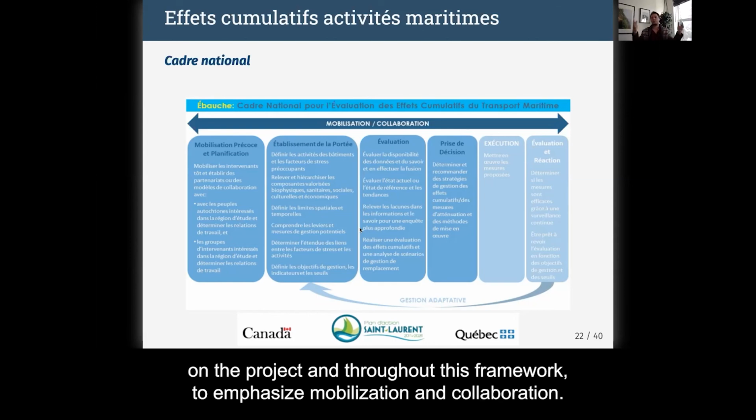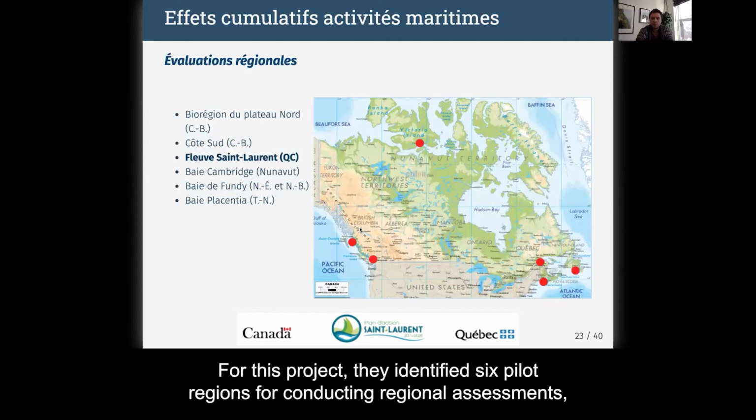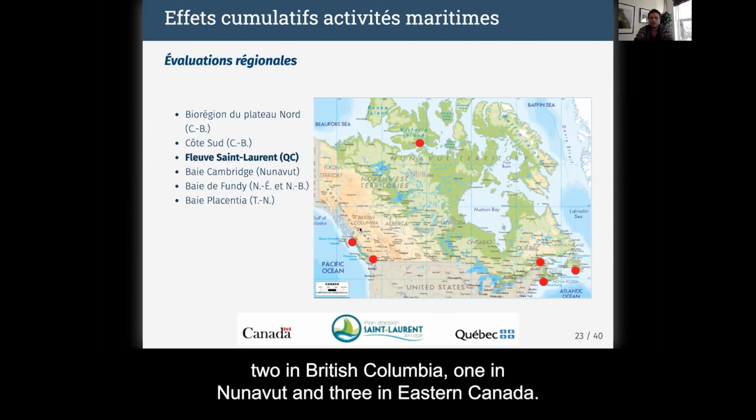Tout au long de ce cadre, ils mettent l'emphase sur la mobilisation et la collaboration. Pour ce projet, ils ont identifié 6 régions pilotes pour faire des évaluations régionales, dont 2 en Colombie-Britannique, 1 au Nunavut et 3 dans l'Est du Canada.